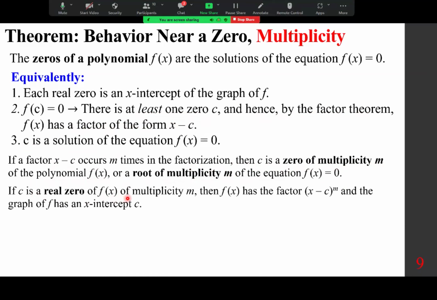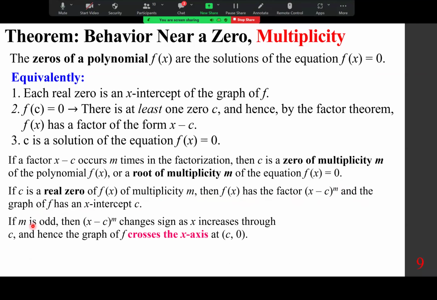If c is a real 0 of f of x of multiplicity m, then f of x has the factor x minus c to the power of m, and the graph of f has an x-intercept c. If m is odd, then x minus c to the power of m changes sign as x passes through c, and hence the graph of f crosses the x-axis at c. For example, y equals x to the power of 5 or x to the power of 3 or x to the power of 7.